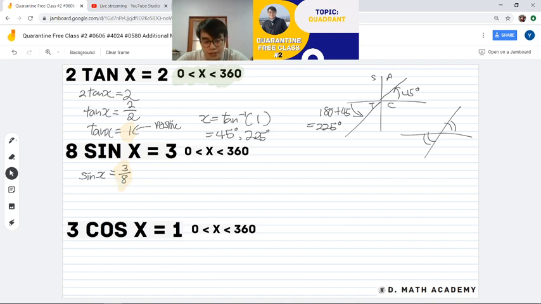Okay, it is positive, which means that our answer will actually fall in the first and second quadrant because of All School Teacher Crazy. So sine will be positive when it is at the first and the second quadrant. So x equals to sine inverse 3 over 8. Key it in your calculator. Then you should get your result as 22.